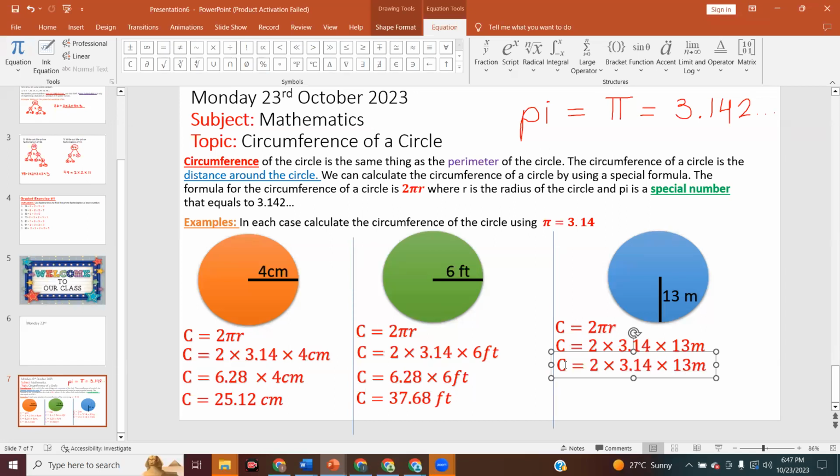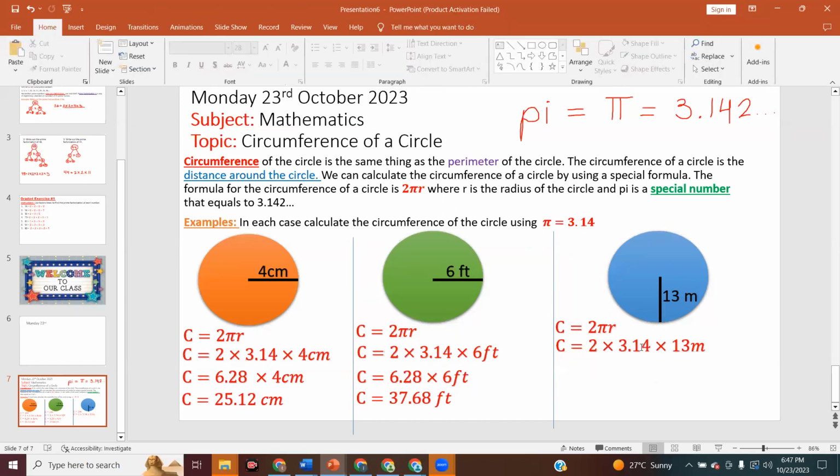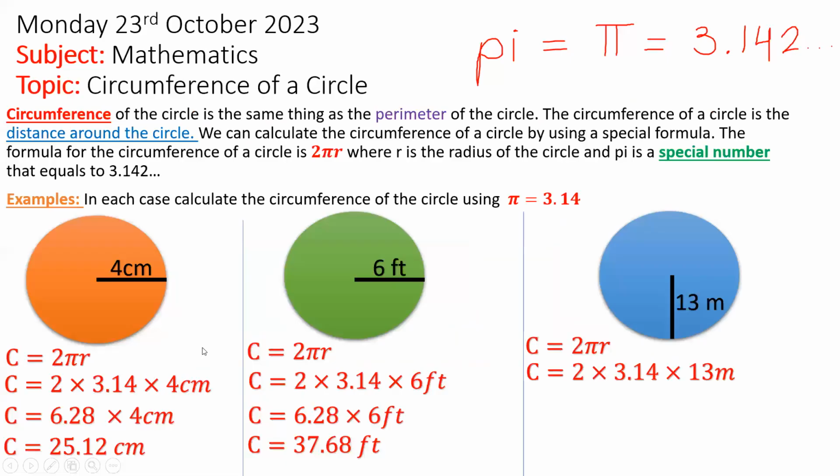What we have to do for the next step is multiply 2 times 3.14. What is 2 times 3.14? Let's multiply it. 3.14 multiplied by 2. 2 times 4 is 8. 2 times 1 is 2. 2 times 3 is 6.